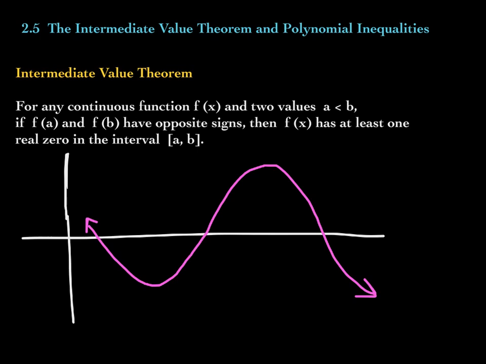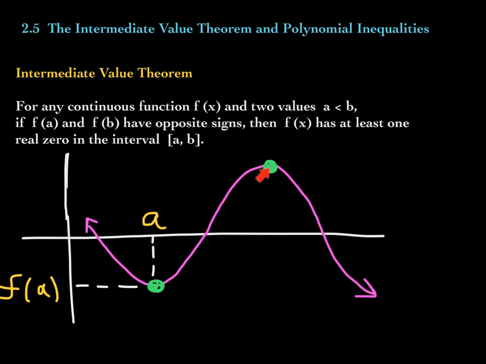Here's the graph of a polynomial function, and I'm going to identify just two random points on this curve. I'm going to say this first point corresponds to this a value on the x-axis, which means this point on the y-axis would be f of a.